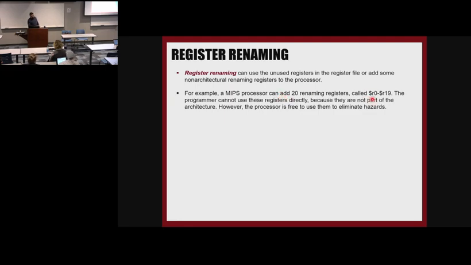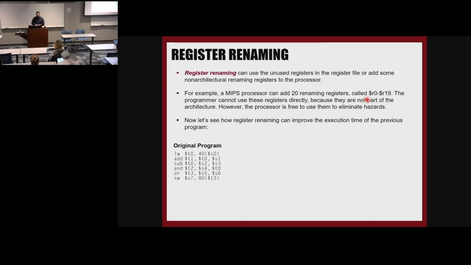These 20 registers cannot be accessed by the programmer. It's something the compiler uses to do the reordering here. Okay, and the registers are called R0 to R19.